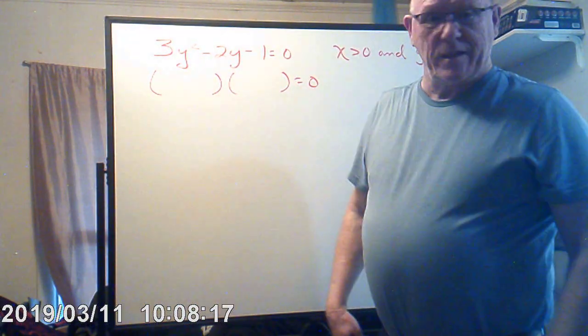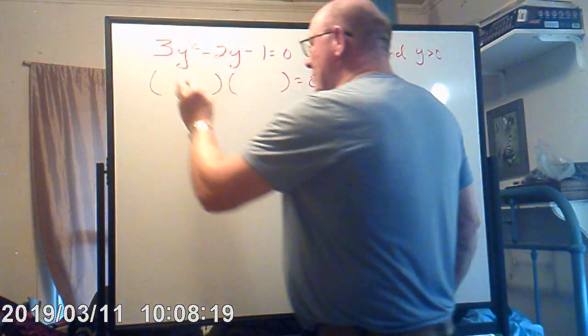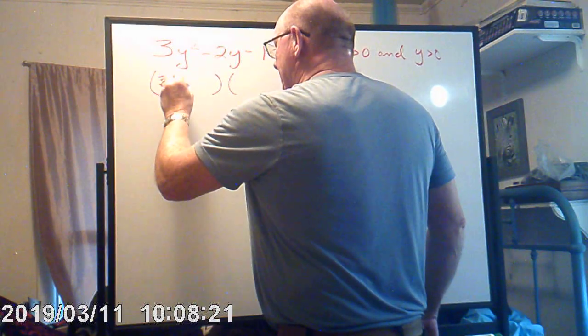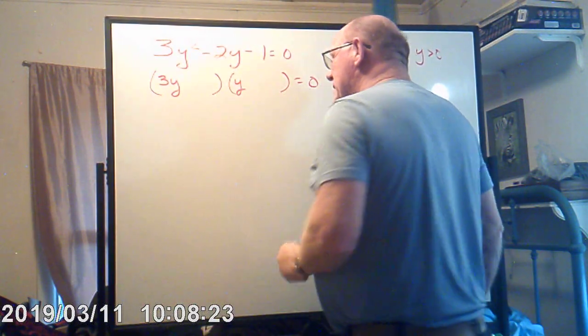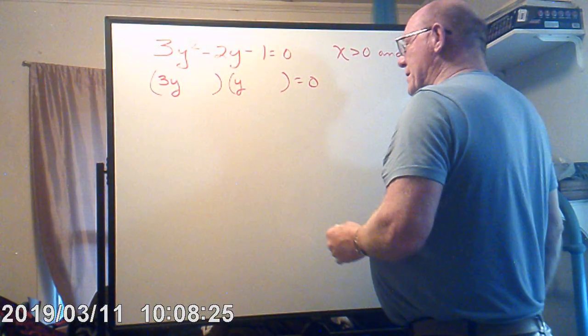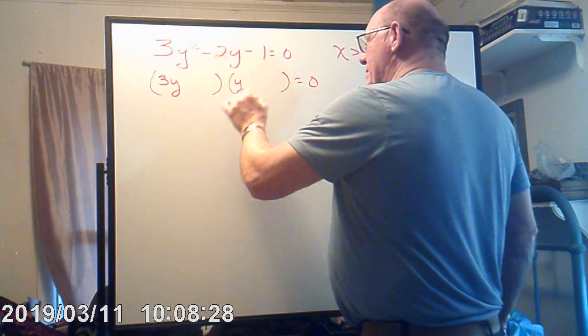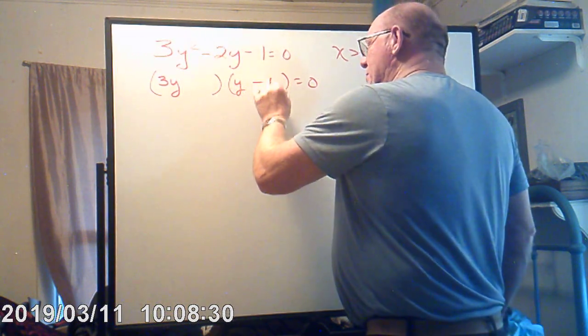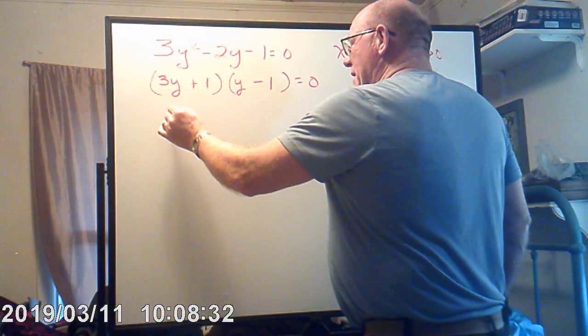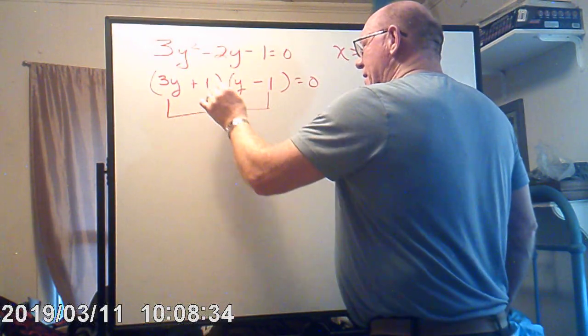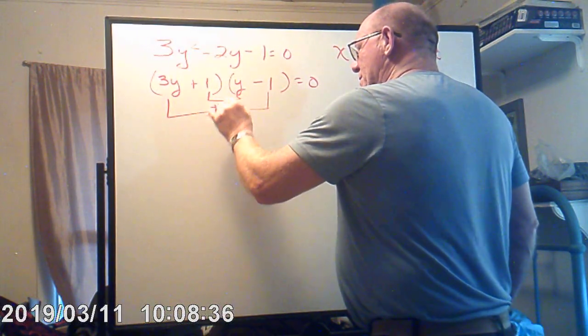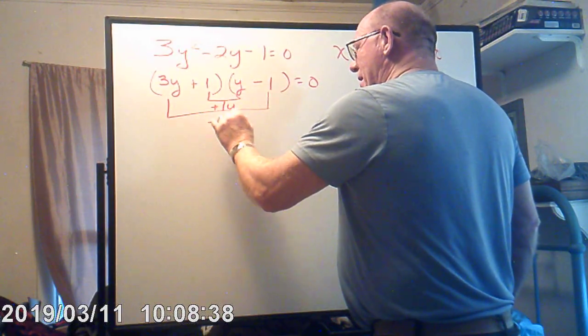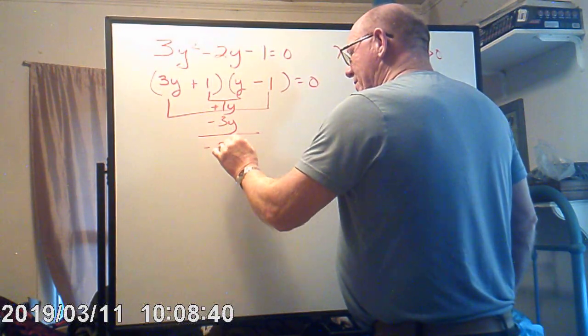Now we got this here. Now it took me a while to think about doing this. I am not going to lie about it. And I got a minus 1. So let's see. To get a negative 2y, I need the minus to be here and the plus to be here. And if I look at this right here, this is going to be positive 1y and negative 3y, and together that's negative 2y.